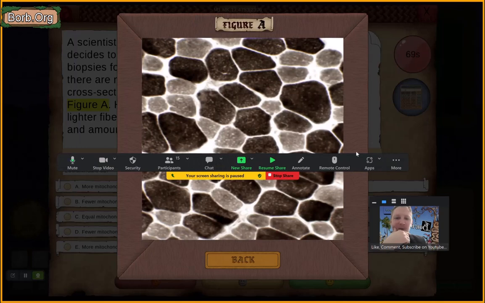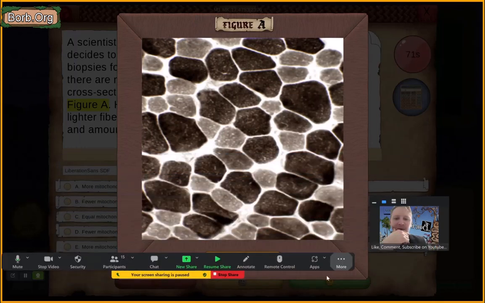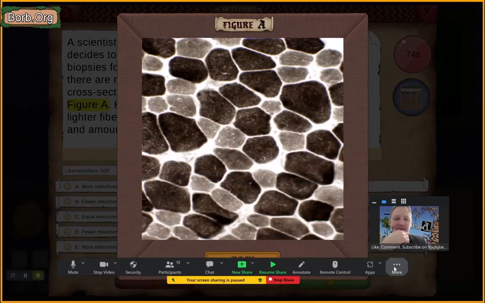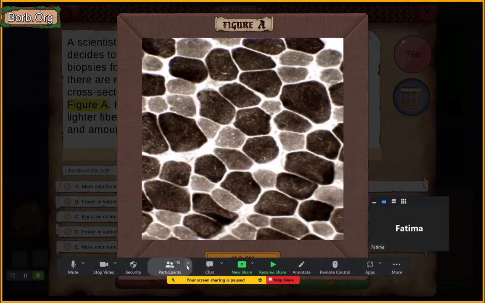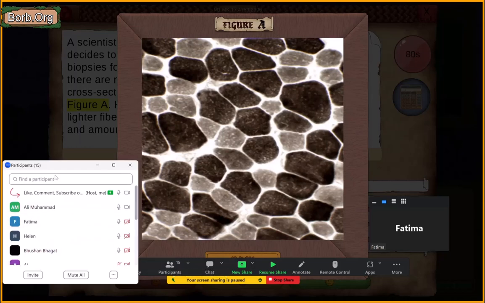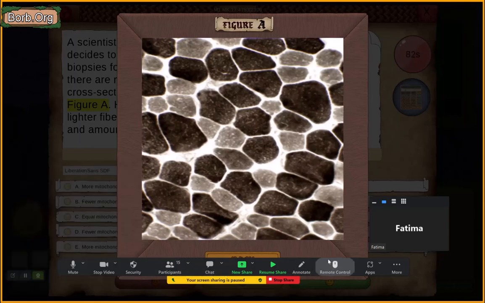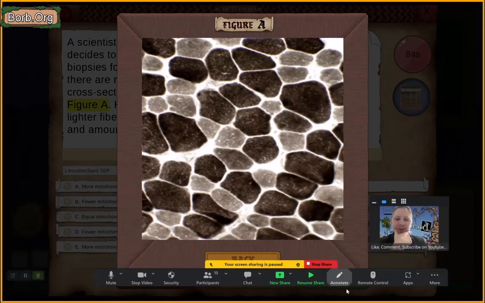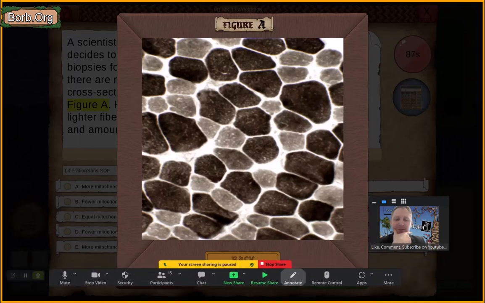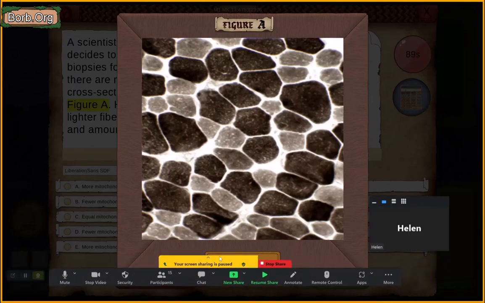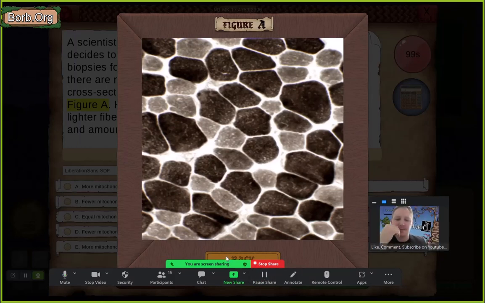Wow, we are getting a lot of people this time. Okay, so can you see this? I cannot see the diagram. Oh, okay. So it hasn't shown up yet? No. Okay, can you see it now? Yes, yeah.